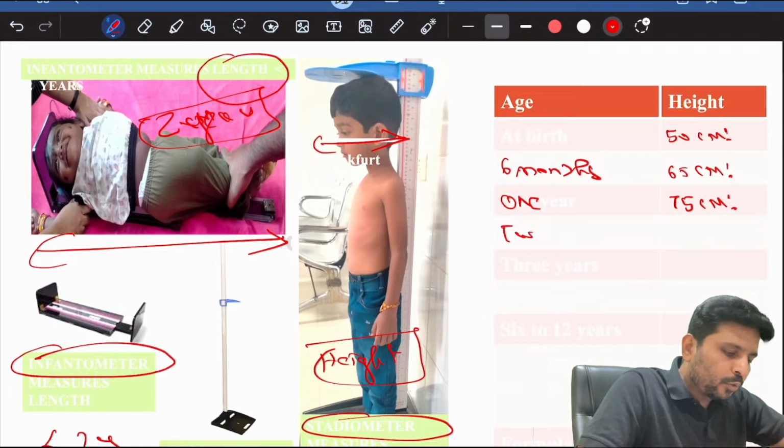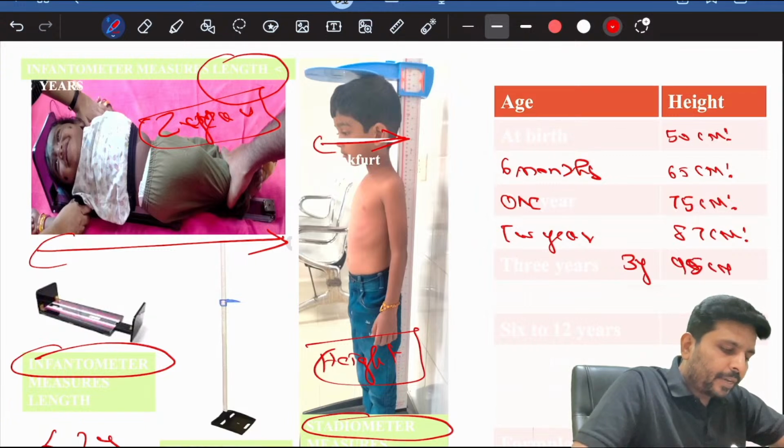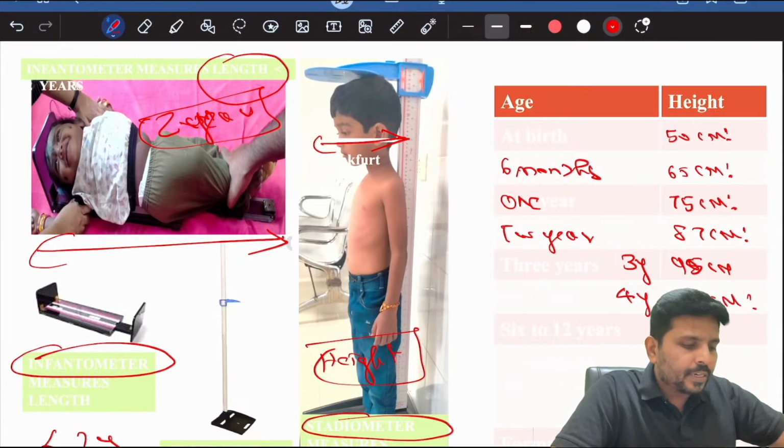By about 2 years, it is around 87 centimeter. By about 3 years, it is around 95 centimeter. By about 4 years, it is around 100 centimeter.